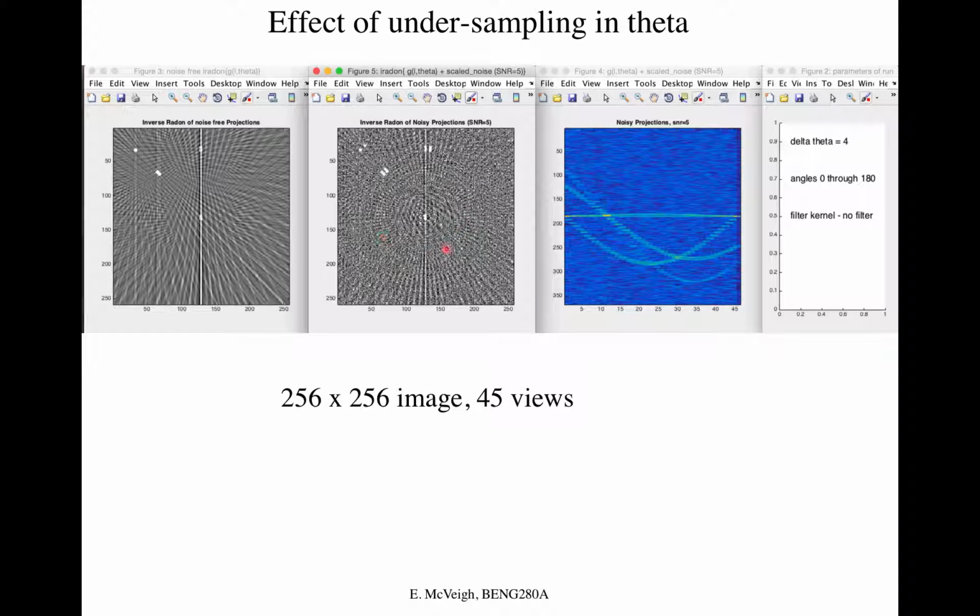This is what the picture looks like when there is random noise added to your raw data. It's a more realistic situation, where the data has some variability from noise processes. So this is the noise-free inversion with only 45 views, and this is with noise added.